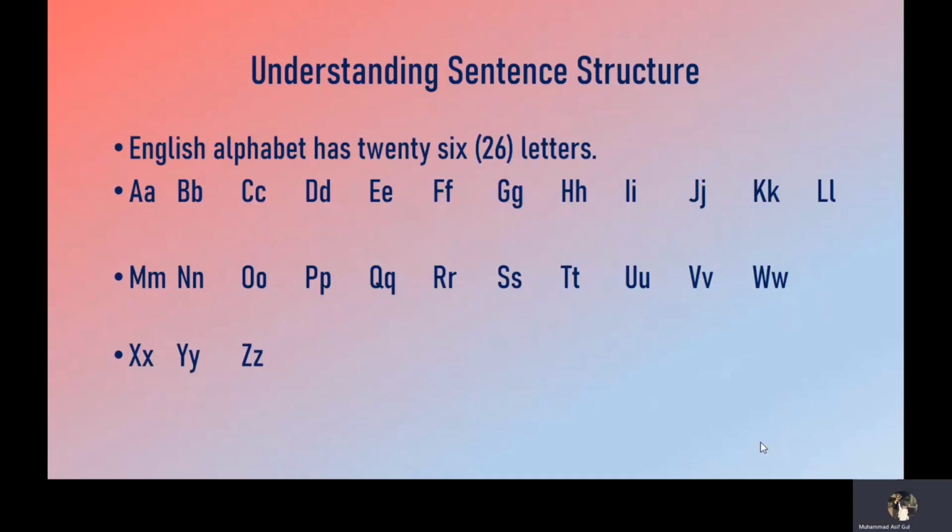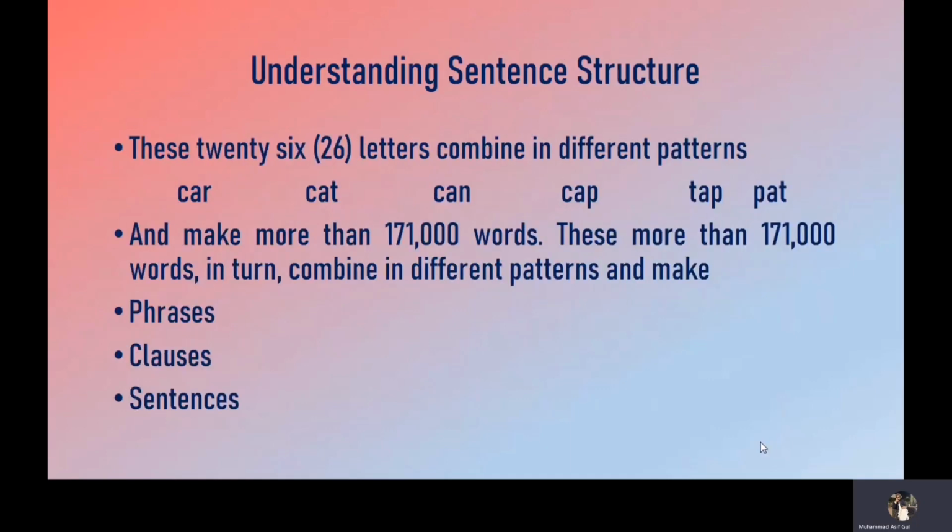As we know, the English alphabet comprises 26 letters, as is shown on your screen, and these 26 letters combine in different patterns to make words. For example, car, cat, can, cap, etc. And these 26 letters, after combining in different patterns, make more than 171,000 words.